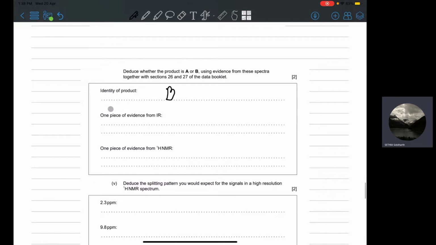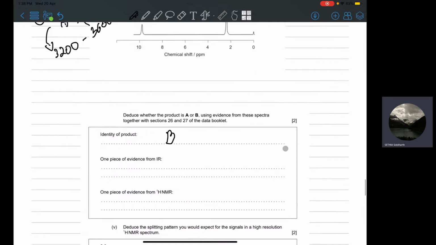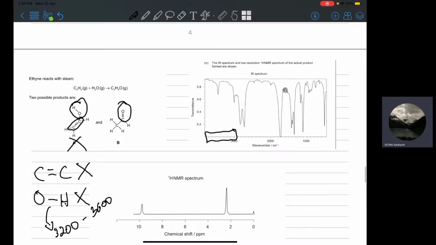Now, they've asked you to state one piece of evidence from the infrared spectrum. Well, you can look at what's there. You can look at this broad peak over here. What does this broad peak signify? I totally forgot to explain this. I'm so sorry.